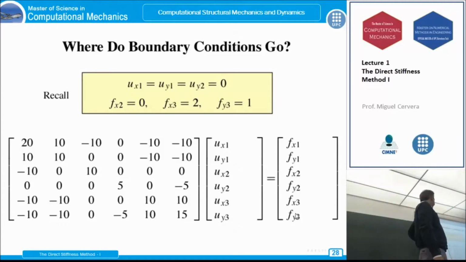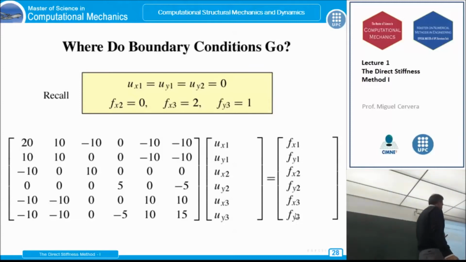Easier? Look at this row. 0, 0, 0, 5, 0, minus 5 is equal to 0.